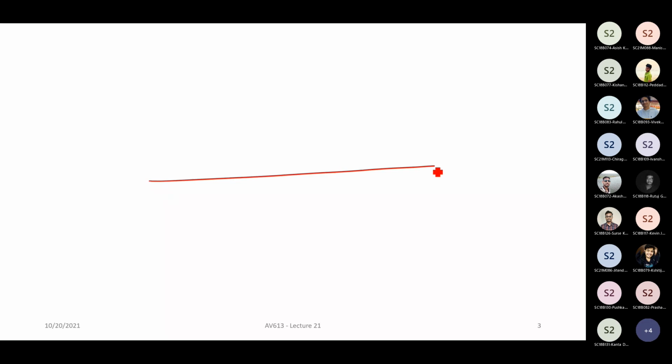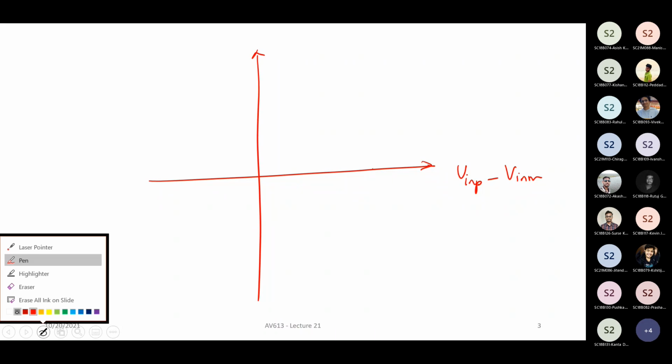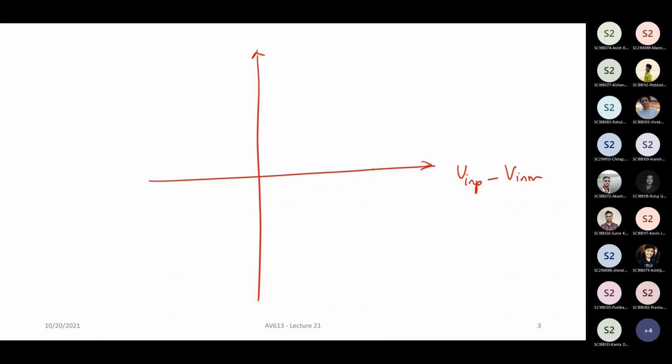So for example, let us take on the x-axis V in P minus V in M, and let this be the output.